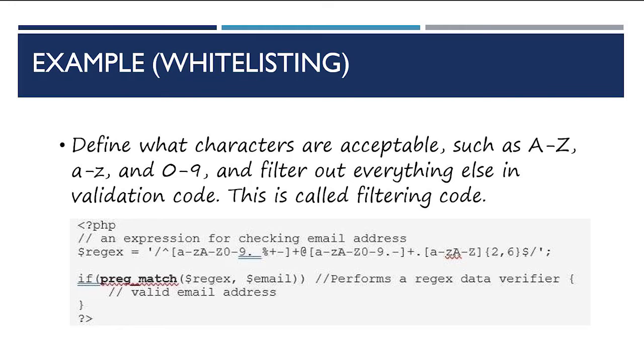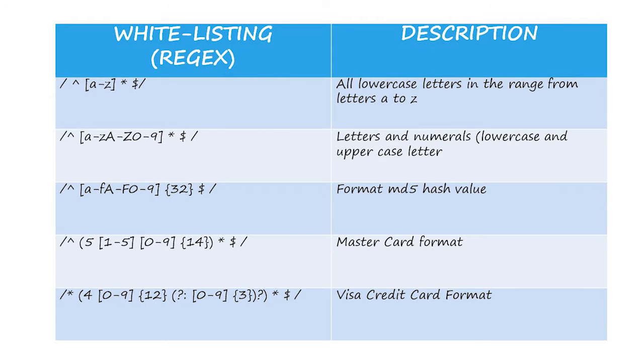The second one is this table, which uses A to Z for the simple case. This is all lowercase letters in the range from letter A to Z. Then letters and numbers, plus 0 to 9, and then the format for MD5 hash, and then we have Mastercard format and Visa credit card format.